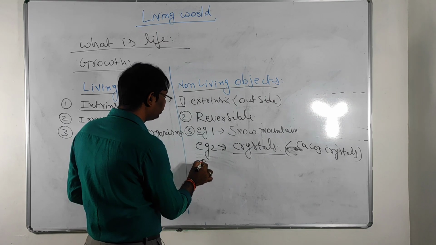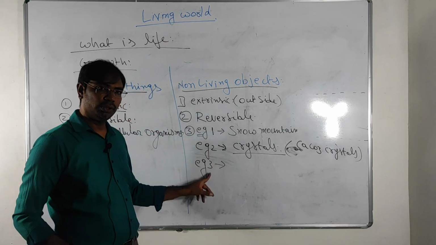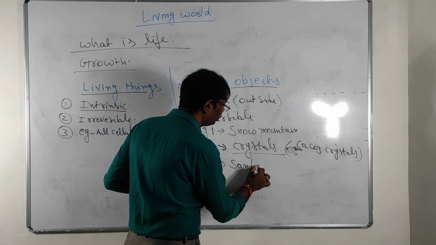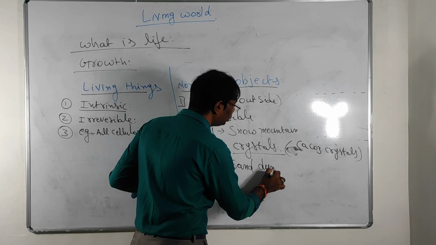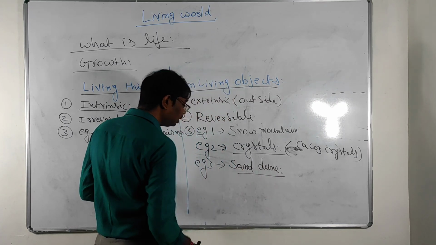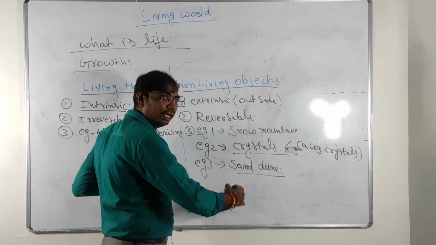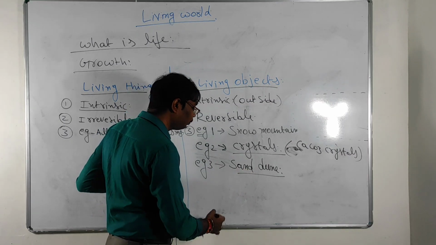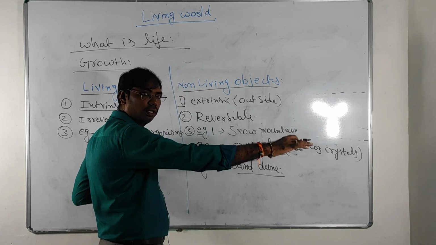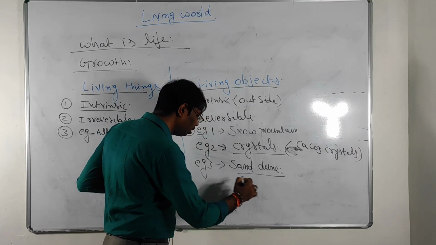And example number 3 is sand dunes. Sand dunes are also an example of growth. So how are sand dunes created? Soil is carried by water during floods. Rivers carry the soil from one place to another from their native bed.